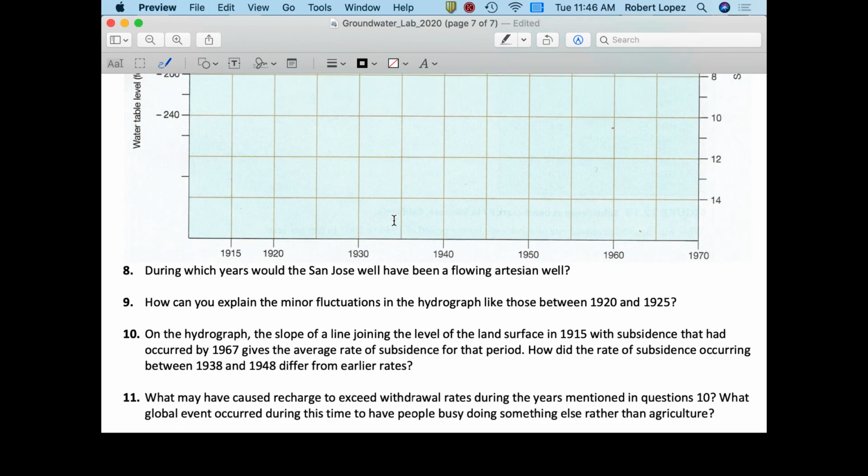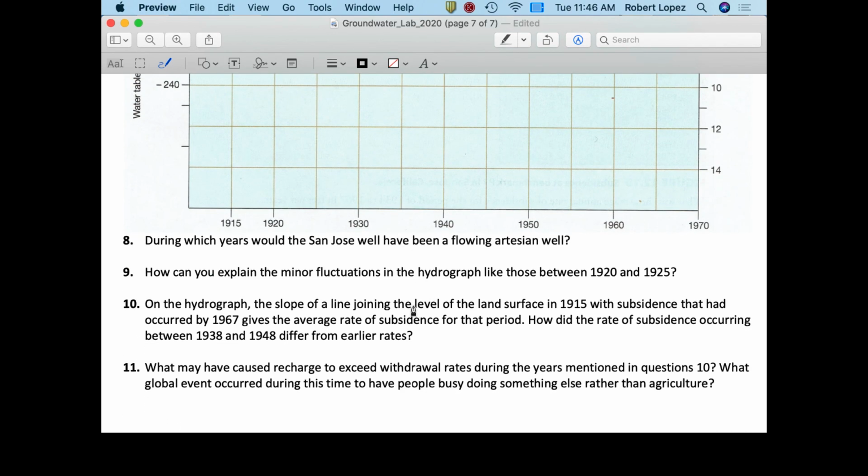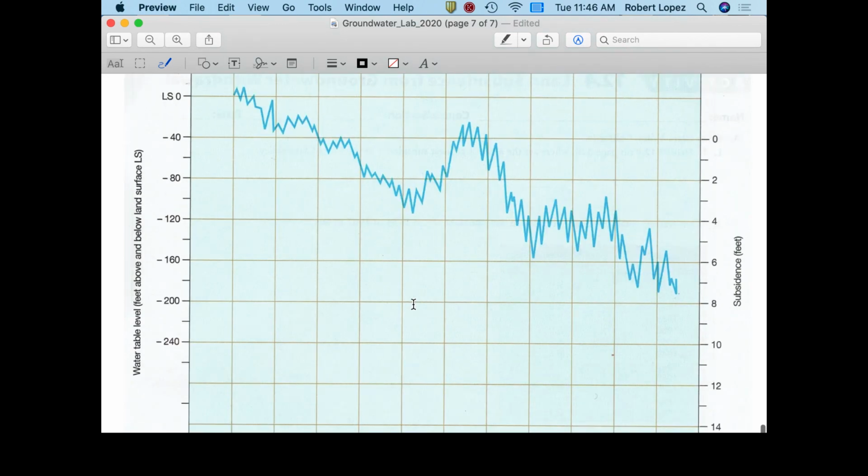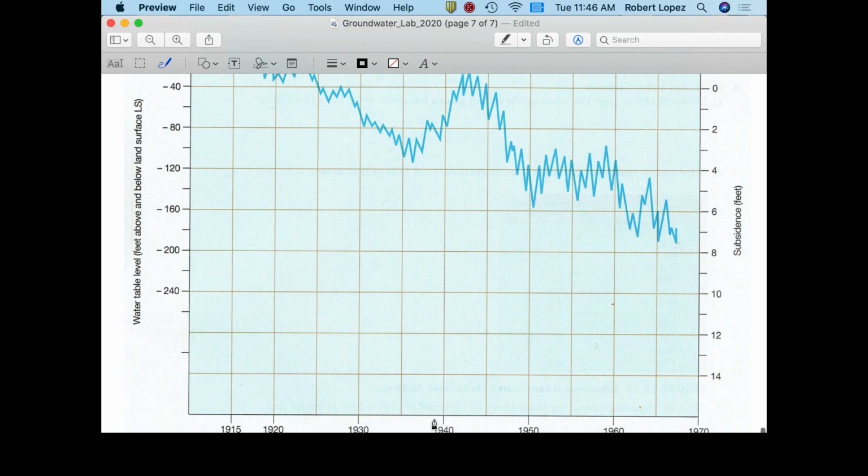And then let's see what we have here for 10. So if you drew a line from 1915 to 67, that line would be the slope of the average annual subsidence over time. However, you can see that between 38 and 45 here, we actually had a recharge, which means for this time period between 38 and 45, we were not withdrawing as much groundwater.